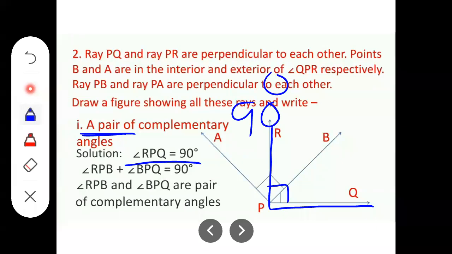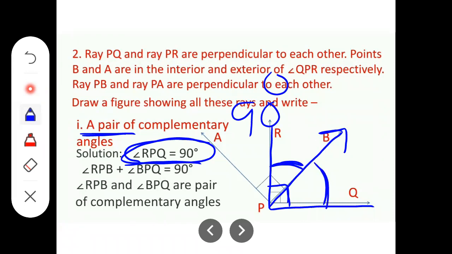Okay, so now this single angle is 90 degrees and it forms together with two angles. Okay, which one is there? If we consider this ray, the half of the angle is this and another is this. They together measure 90 degrees.